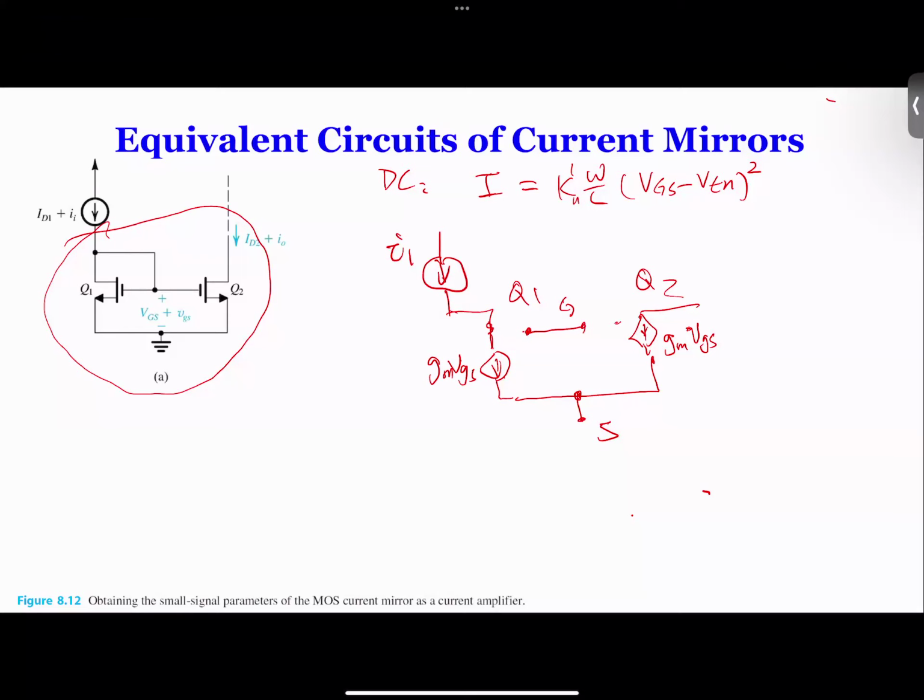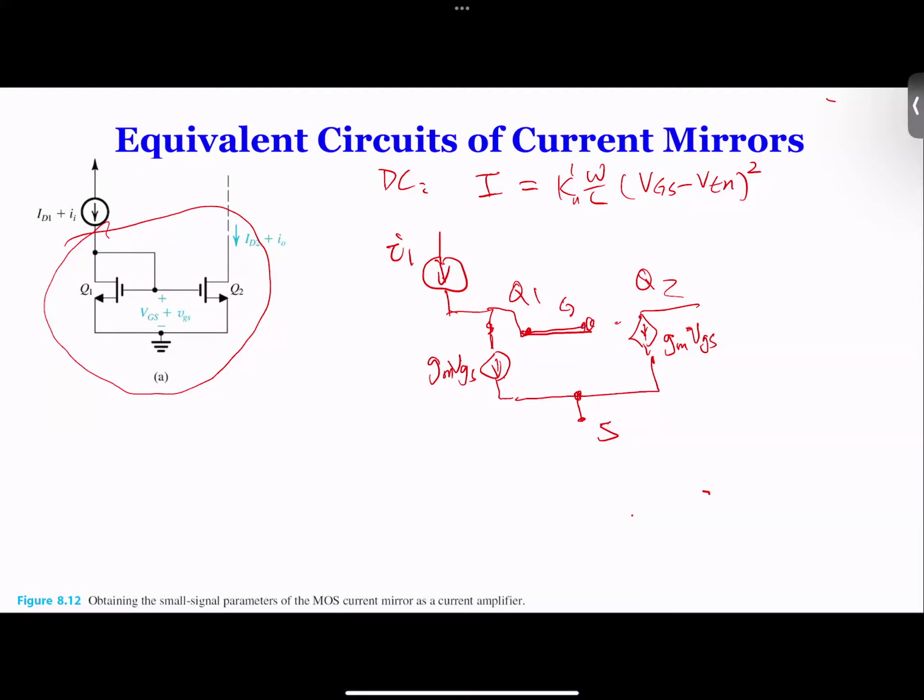We have two MOSFETs. They share the gate, and then they share the source. So this is gm times VGS, and VGS is from here to here. And of course we have to connect this one to here. So the gate is connected to the drain.